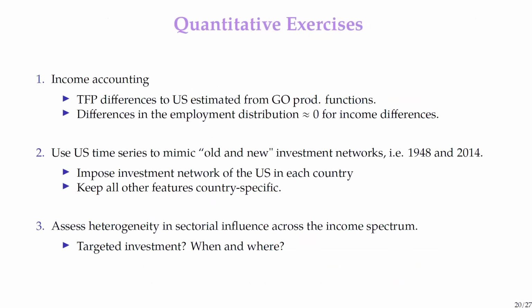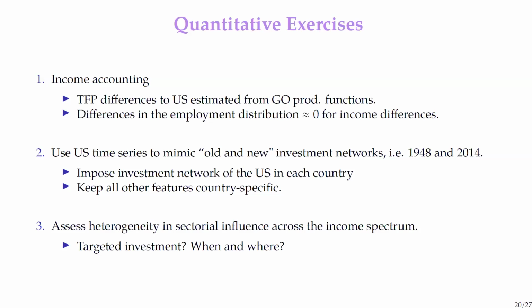Second, we will try to implement alternative investment networks: basically the investment network of the US in 1948 as a proxy of an old technology, and the investment network of the US in 2014 as a proxy of a newer technology, and see how countries at different stages of development do when we impose these alternative networks, while we keep all other features of the country specific.